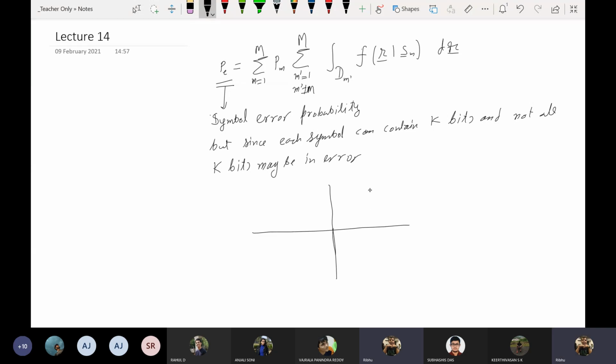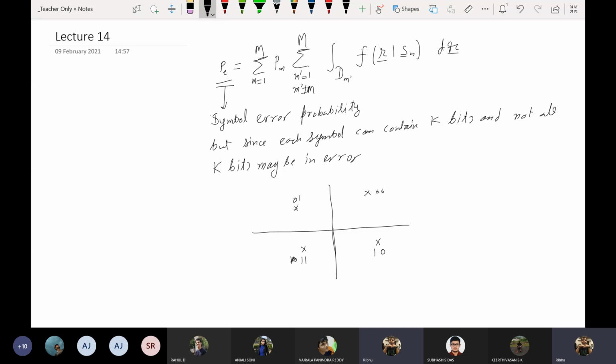Example, consider this: 0 0, or rather 0 1, 1 0, or should it be 1 1, 1 0. Suppose this is the constellation. Then this is gray coded.